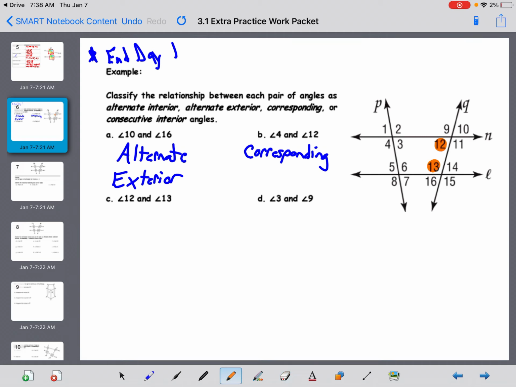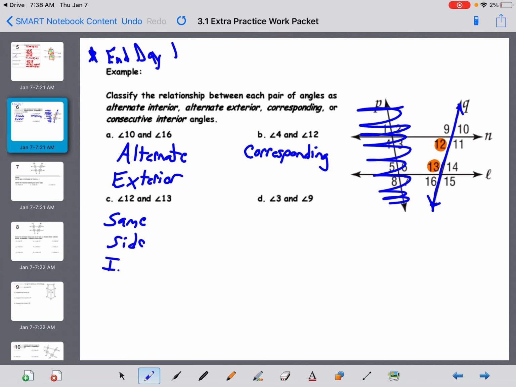Angle 12 and angle 13. So this time your transversal is line Q, and we're going to ignore this portion. These are interior angles, and they're on the same side of the transversal. So these are same side interior.